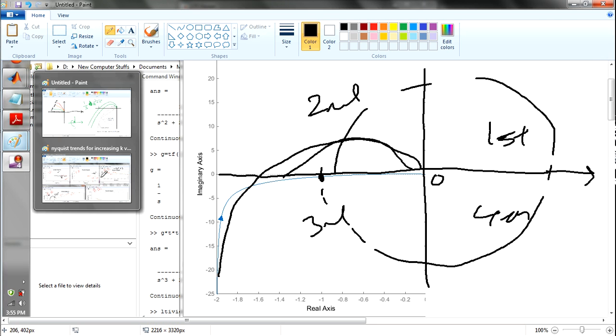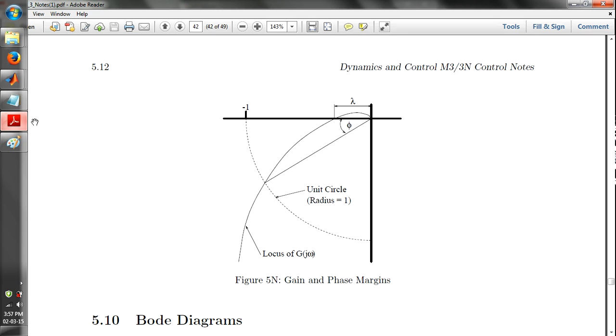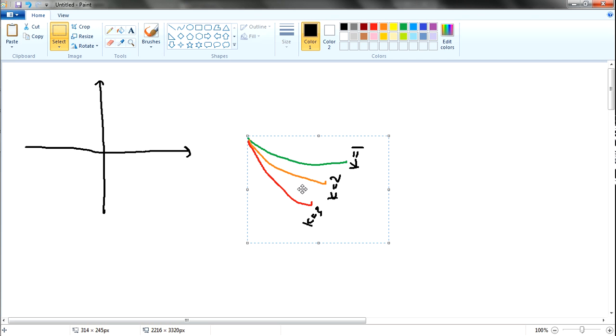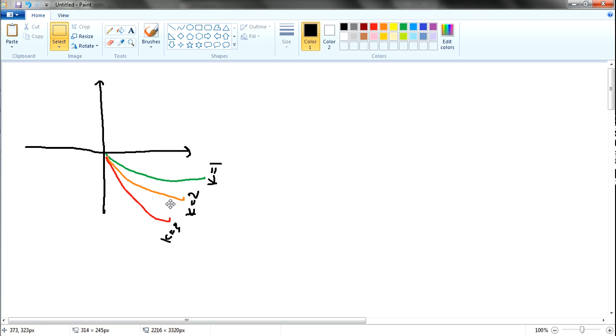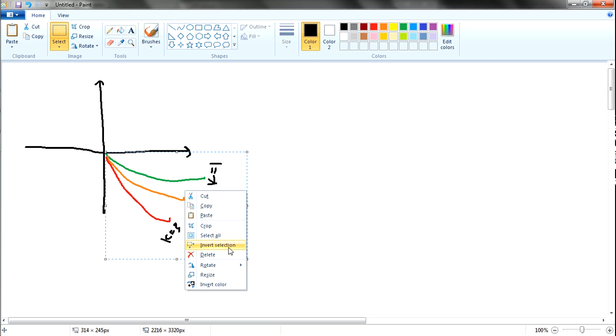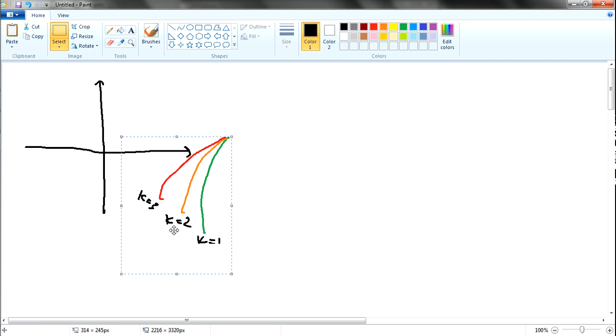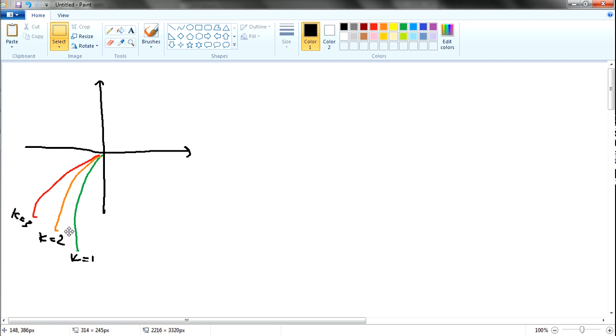Hope that I didn't confuse you. To summarize again, the purpose of this video is only to show you the trend. If I have root locus in this direction, and I rotate one time, this is the trend as k increases: you're moving towards that axis.